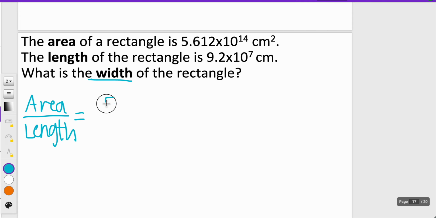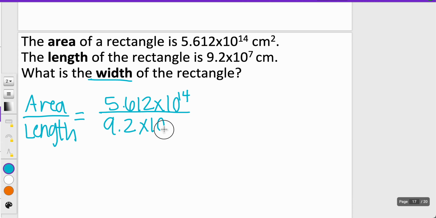So we can take 5.612 times 10 to the 14th and divide it by 9.2 times 10 to the 7th. Right away, I know I can go ahead and subtract my exponents. That's 10 to the 7th. And then the next thing I can do is take 5.612, divide it by 9.2, and I'm going to get 0.61 times 10 to the 7th.